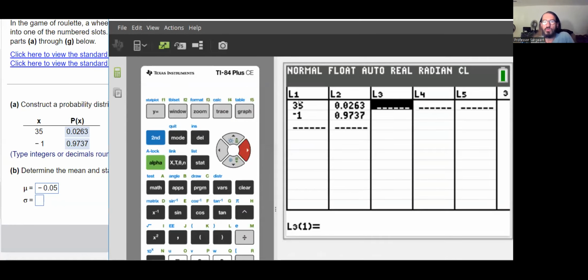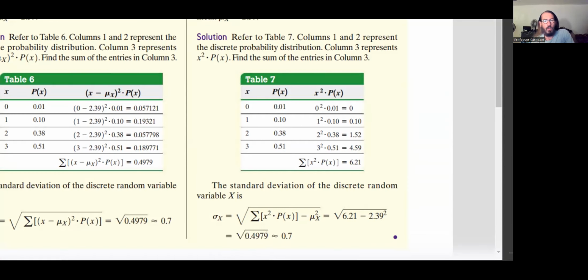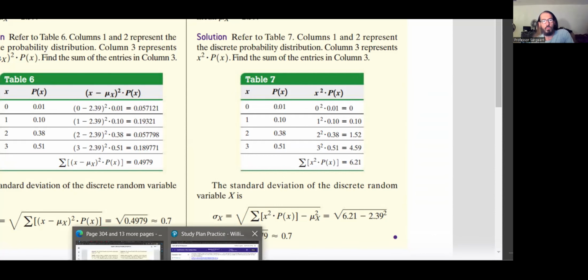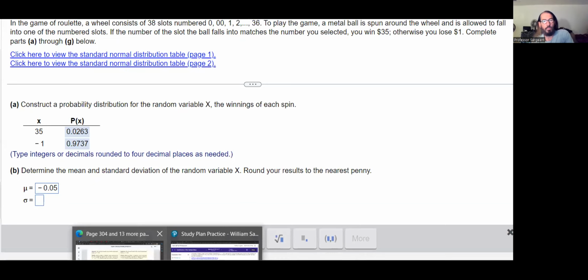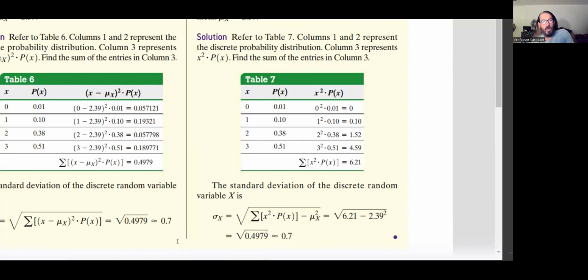So let's take those scores, x's, and square them. Scores minus the mean. Now we're subtracting a negative 0.05, which is going to be the same as adding 0.05. So I'll add 0.05 positive to each x, square it, and multiply by the probability.